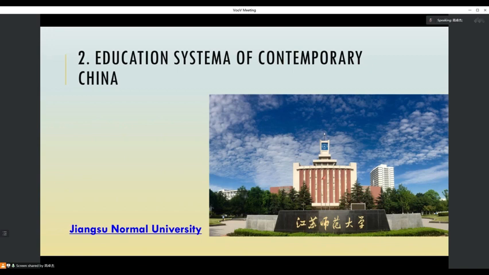Next month is the sixth class. So I will assign the work. You can look at books, articles, and other materials to complete your work. The details are shared on 微信 chat.